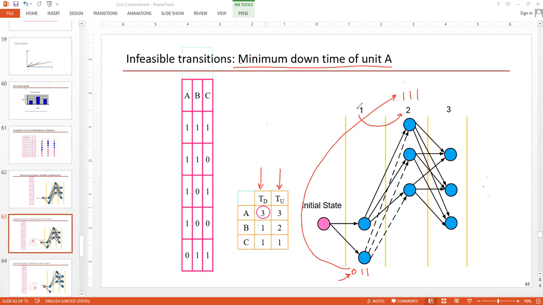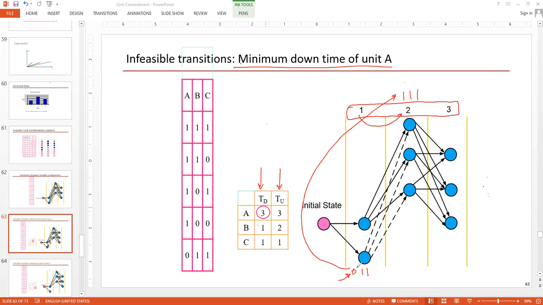But my minimum downtime is 3 hours, so I cannot do that. That's why this is an infeasible transition.